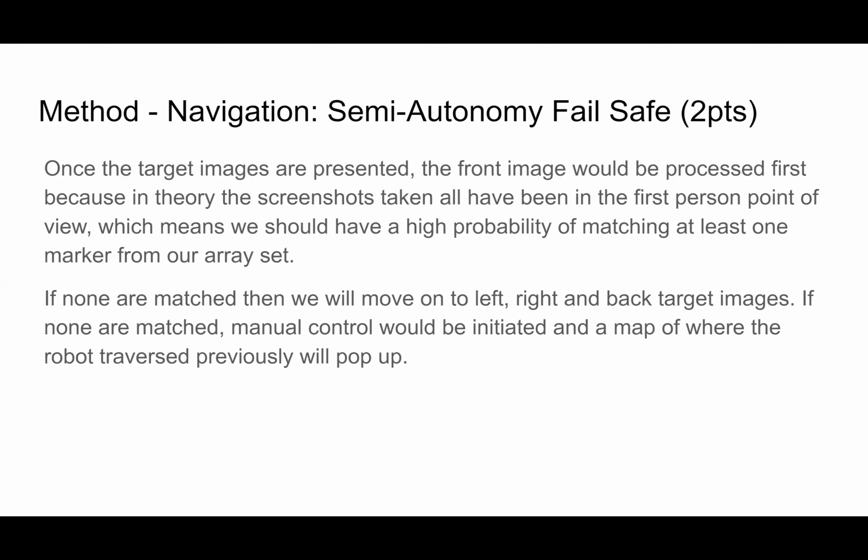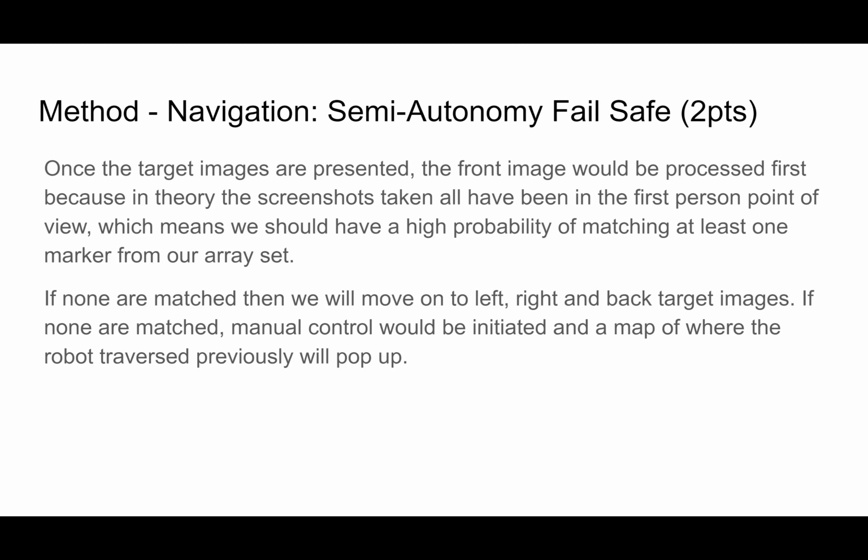That is useful because once I'm in navigation officially, once the target images are presented, the front image will be processed first because, in theory, the screenshots taken have all been in first person point of view, which means I should have a high probability of matching at least one marker from the array that was set during the end of the exploration phase.